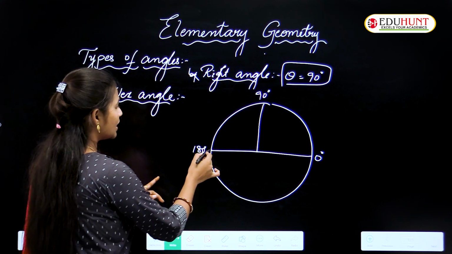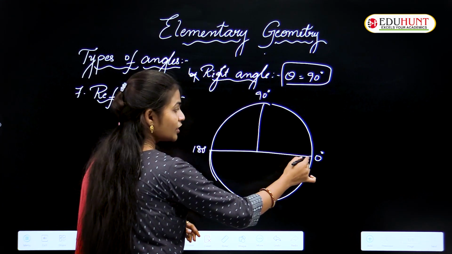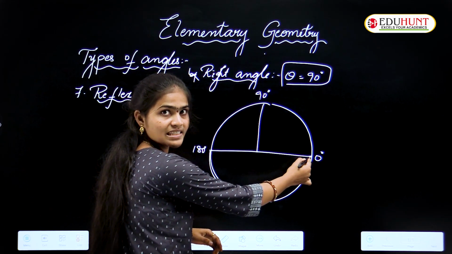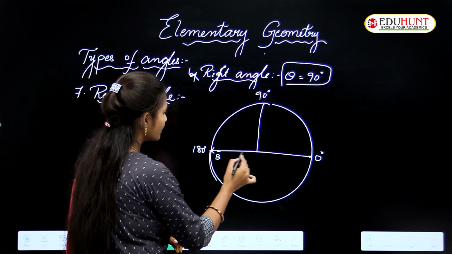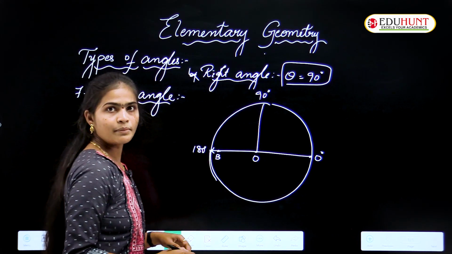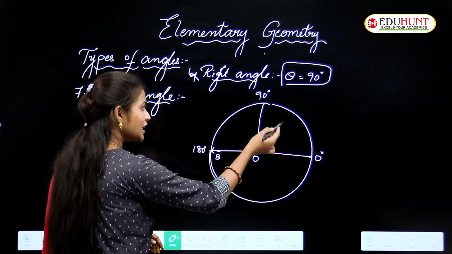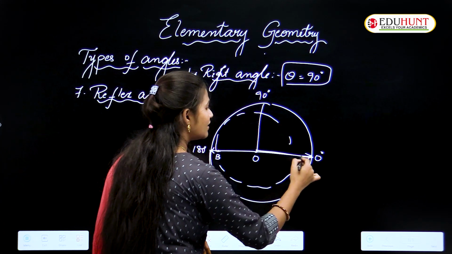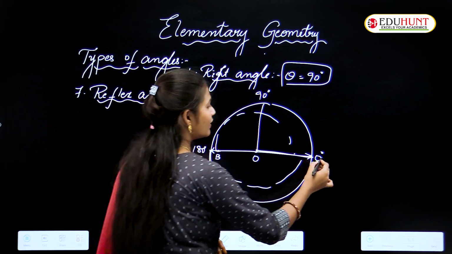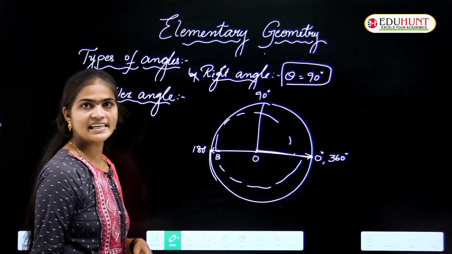After that, greater than 180, the ray again coincides with the fixed ray. Here I am taking this one as the terminal ray or rotational ray. After completing the rotation, it coincides with the fixed ray. So again we call this 0 degrees, also we can call it 360 degrees.